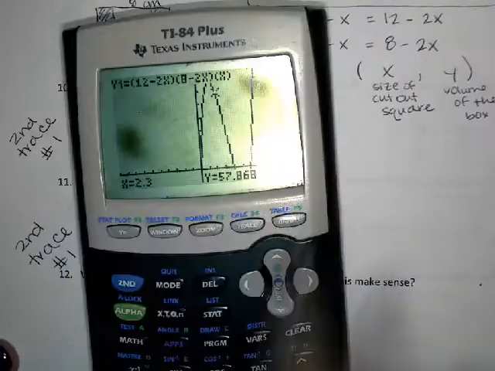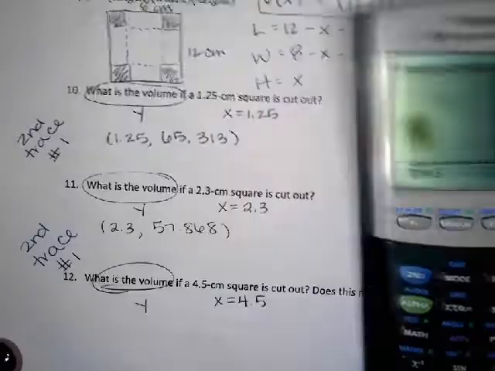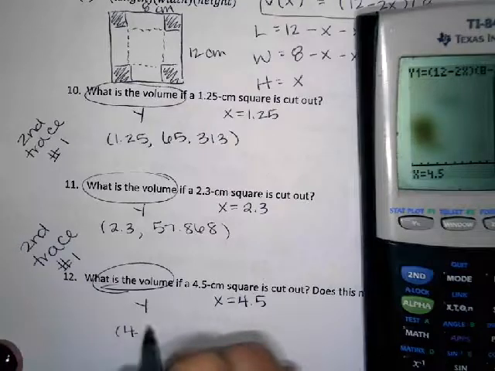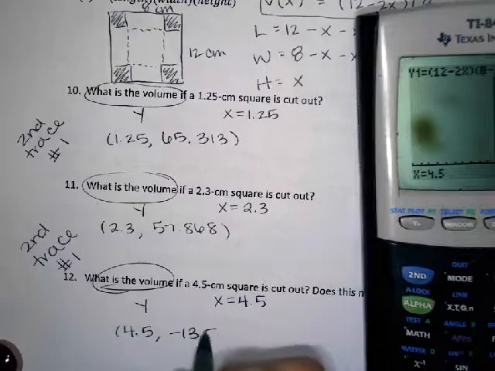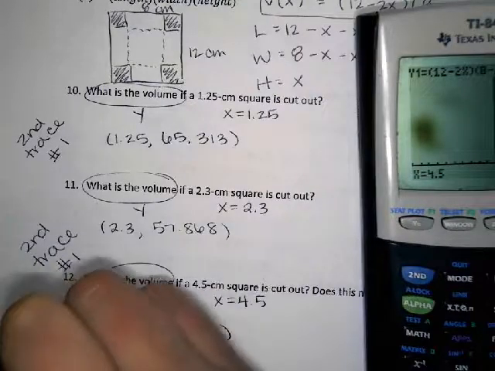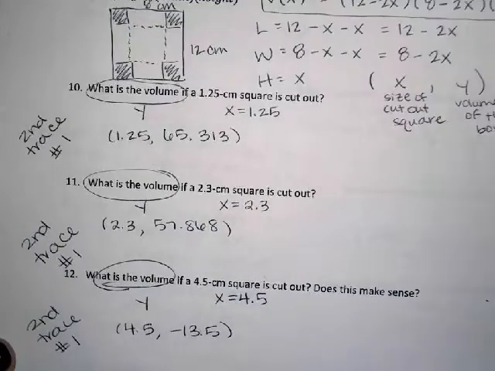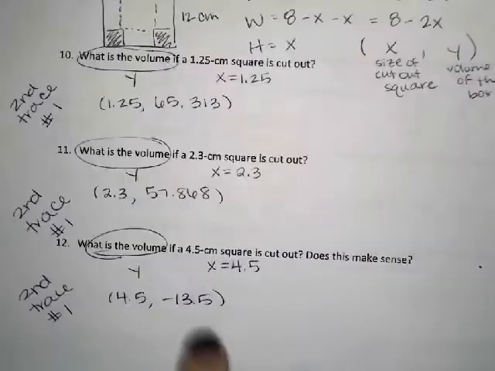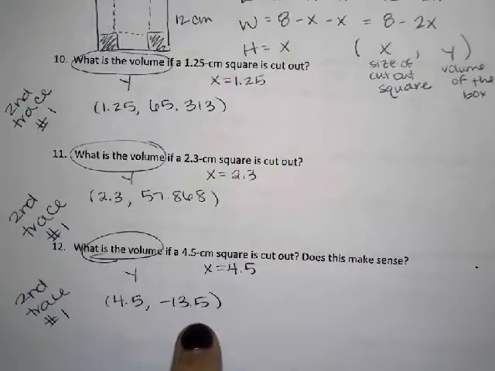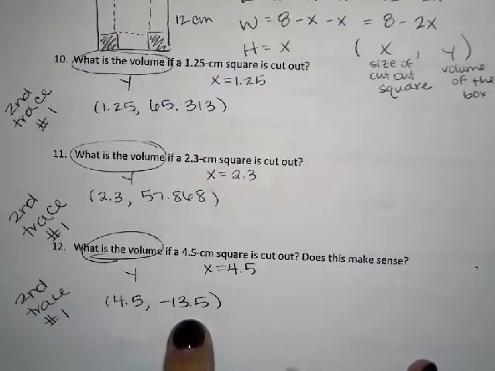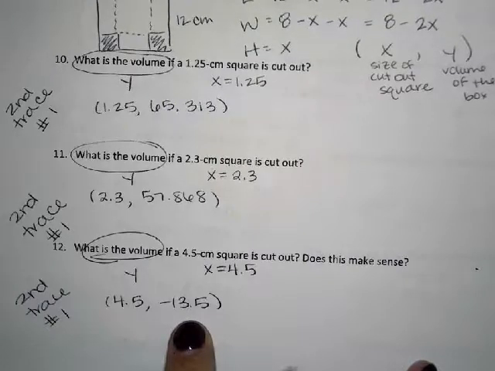Does this answer make sense? Negative 13.5. No. So, does 4.5 make sense? Can I cut out a 4.5 inch square if my width is 8? No. So we're going to say no, we can't.